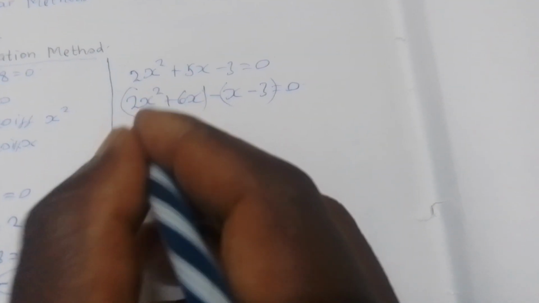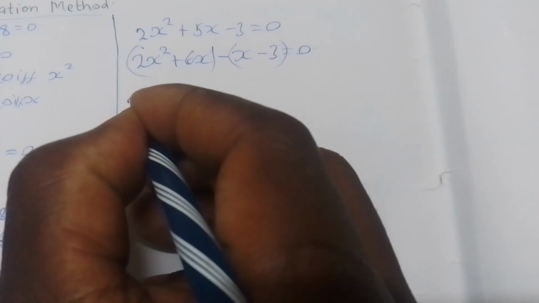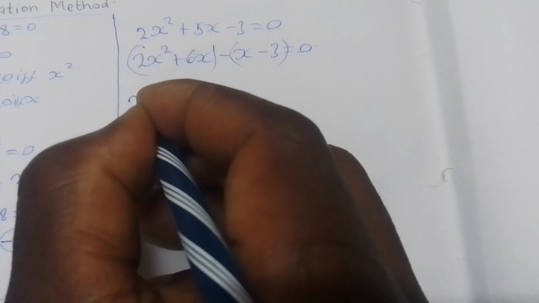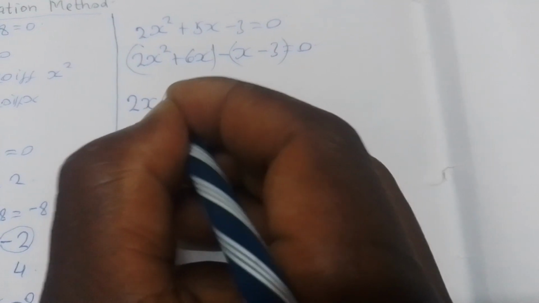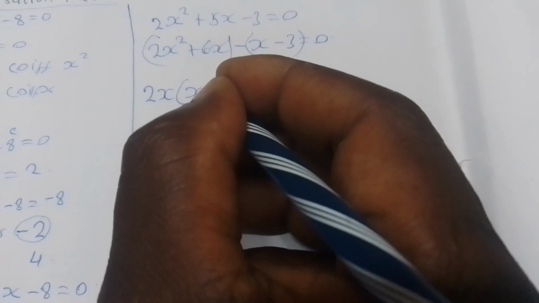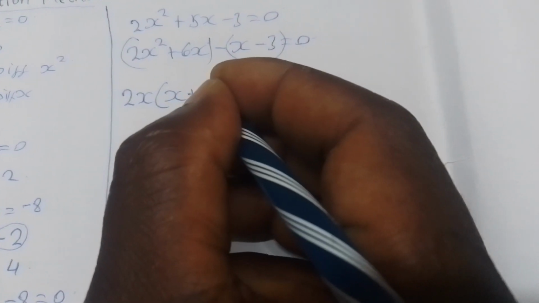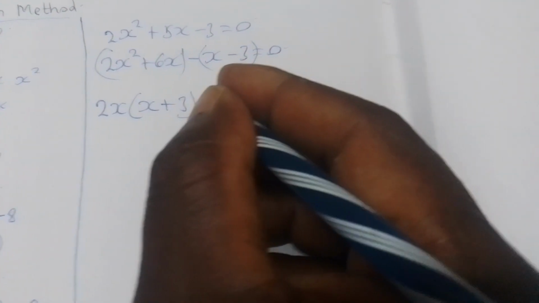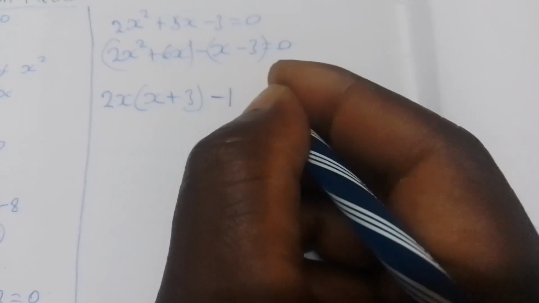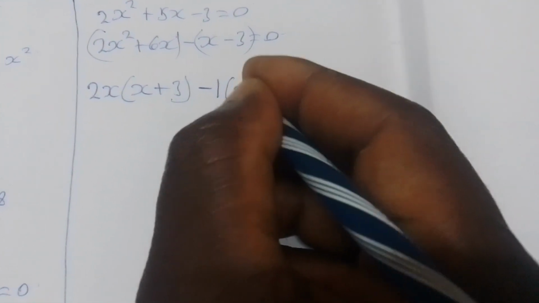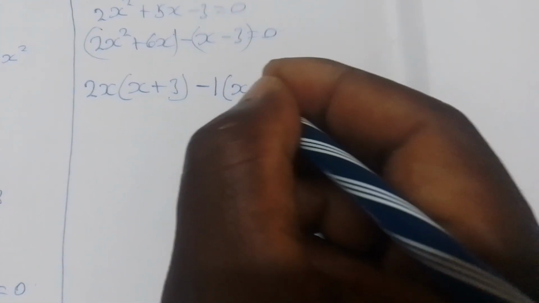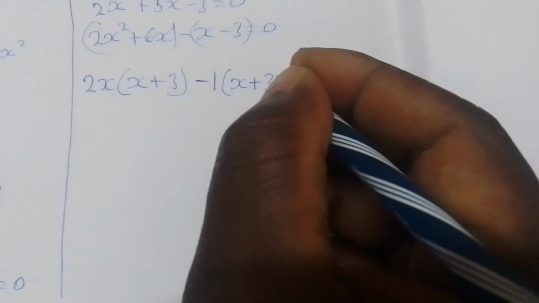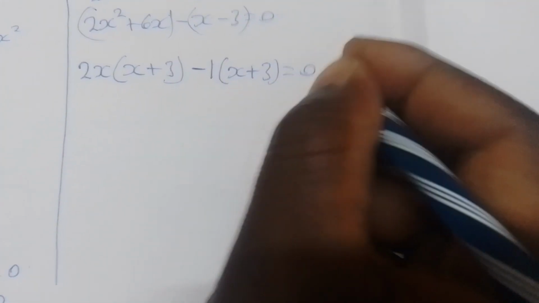Here we have 2x into bracket x plus 3, and the other one is -1 into bracket x plus 3, is equal to 0.